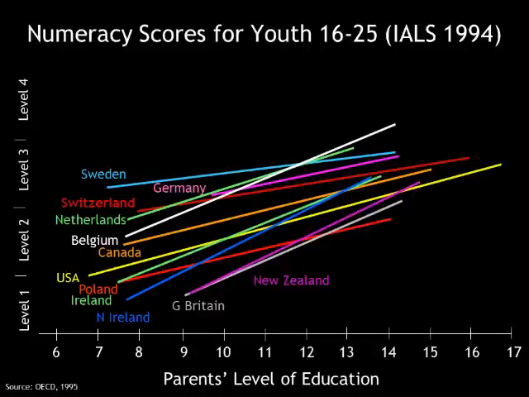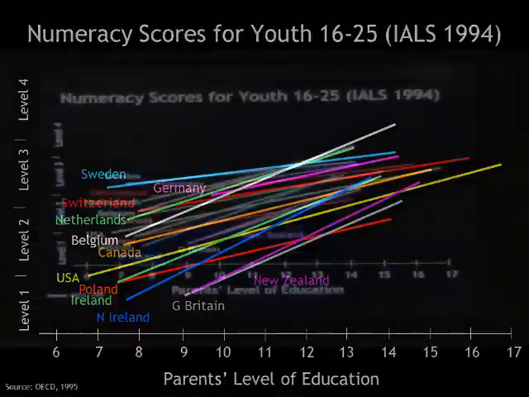And what we can see here is how kids did in different countries in relation to their parents' level of education. So these are gradients, right? And in this case, because of the way the study was set up, we could do a direct comparison to look at the relationship between steepness of gradients and how kids did on average.